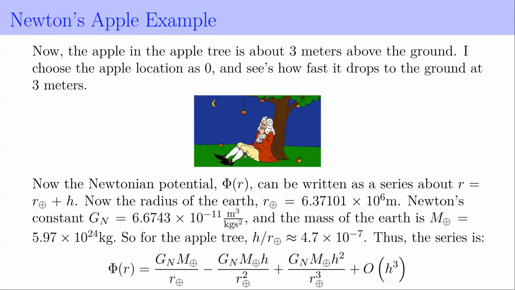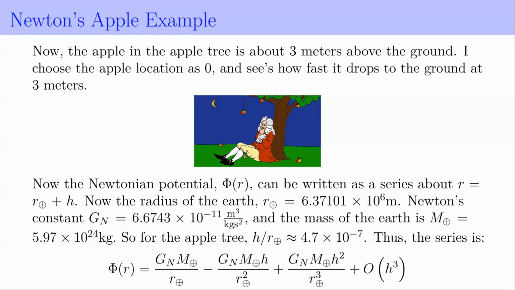The potential can be written as a series about the radius of the Earth plus h, and the radius of the Earth is about 6.37 times a million meters.